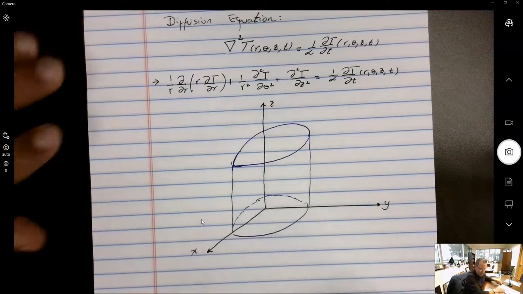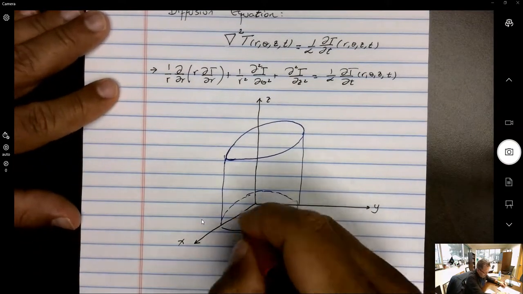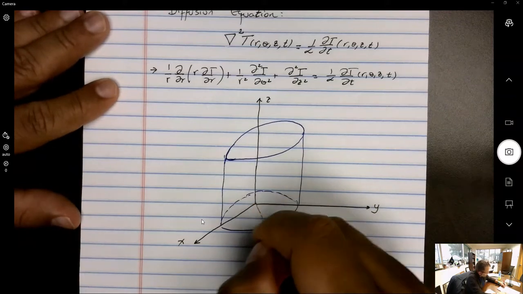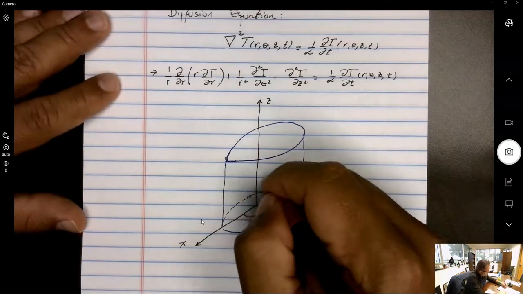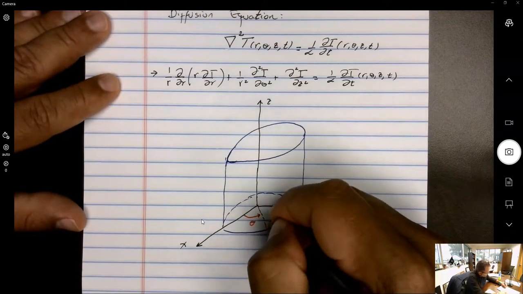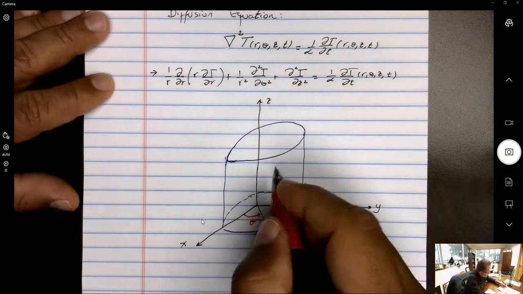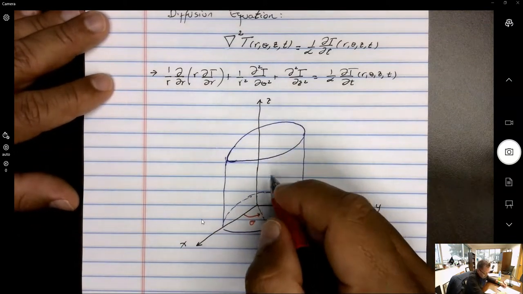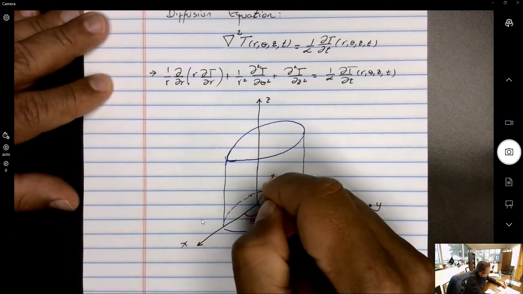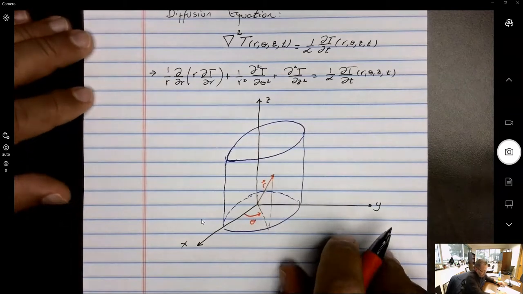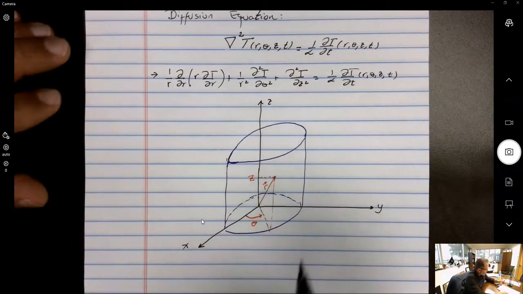Remember the theta is measured with respect to the x-axis, and the radius or the position vector r, and this will be the corresponding z-axis.